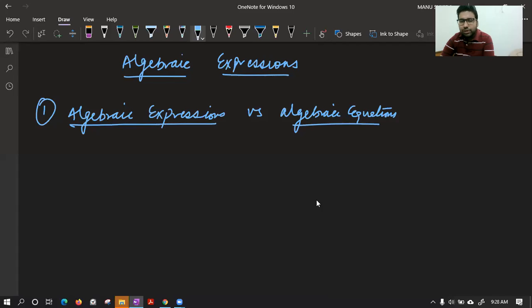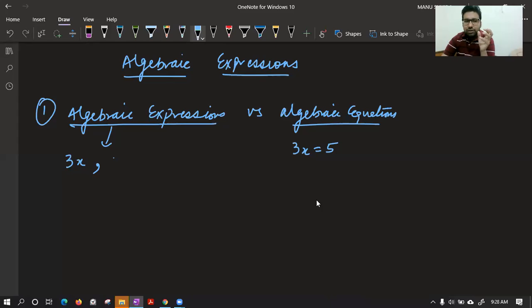Now, algebraic expressions. What are algebraic expressions? We have seen these are expressions containing variables and constants getting multiplied, added, or like that. Suppose you have 3x. 3x is an algebraic expression. But if I write 3x equal to 5, this is an algebraic equation. So if you put an equal to mark, it becomes an equation.